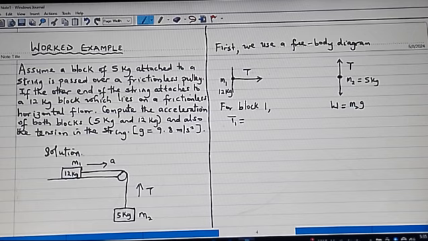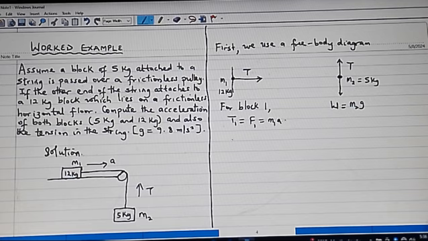T1 is equal to F1, which is MA. There's no external force acting on this string apart from this tension T. So the only force acting on this string is T. So that's why we say T1 is equal to F1, which is MA. But since we are dealing with particle 1, it will be the mass of particle 1 times acceleration.